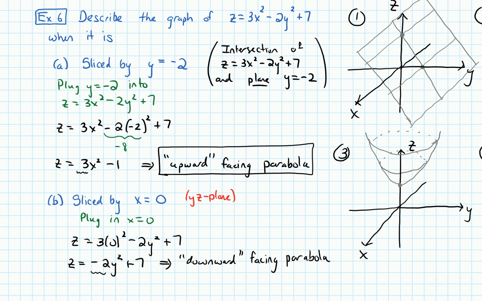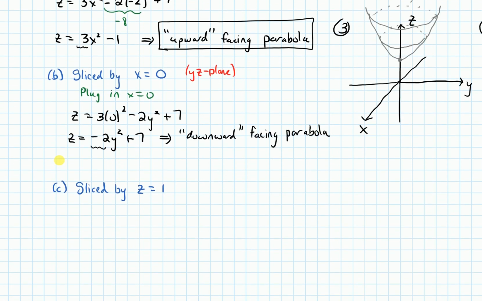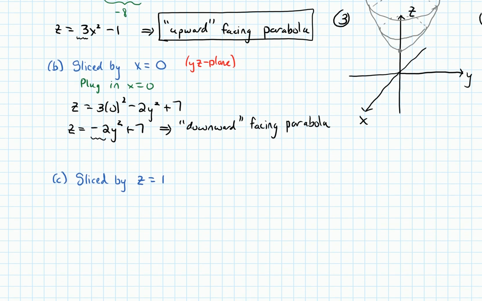All right, so one more of these. What if I sliced it by z equals 1? So this time we are going to plug in z equals 1. In doing that, we get 1 equals 3x squared minus 2y squared plus 7.